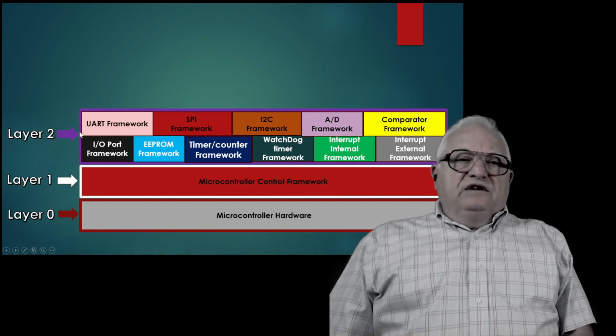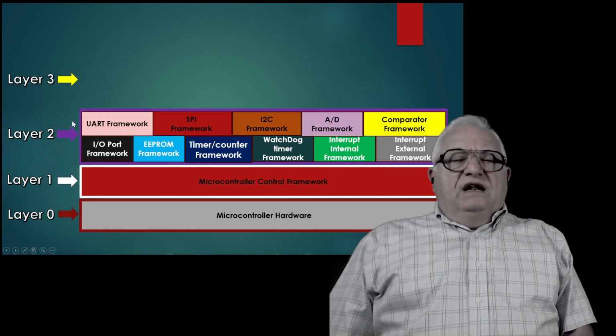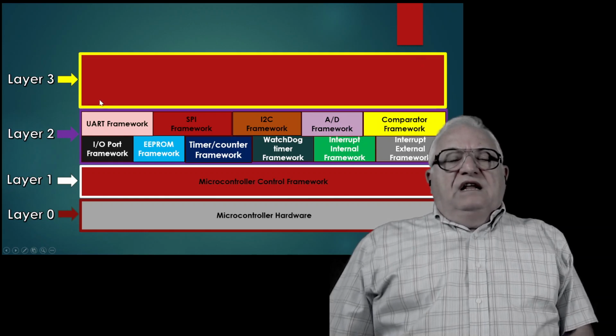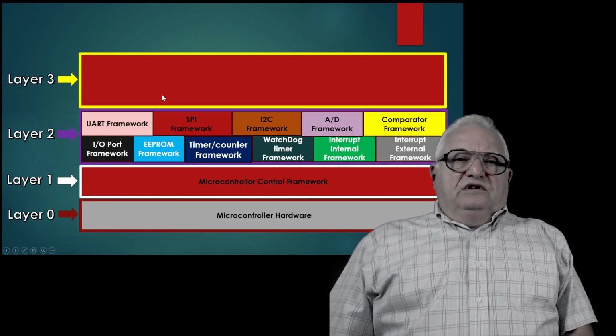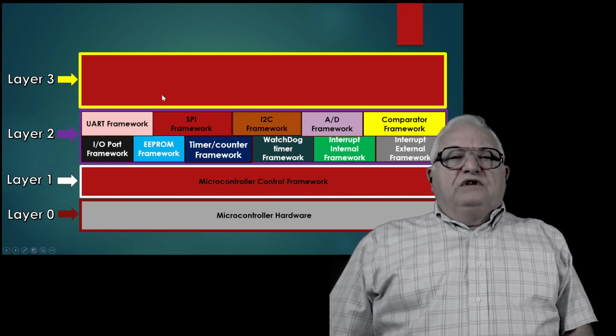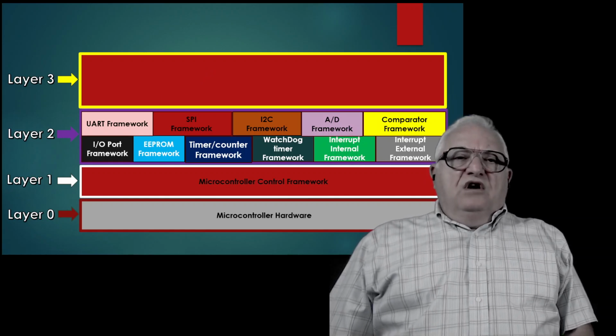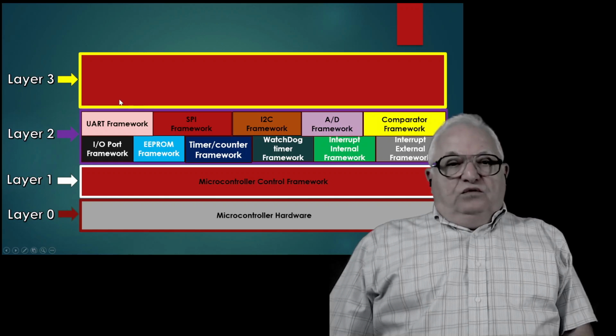On top of layer 2, we'll have a layer 3. The layer 3 will contain a number of sensors that is going to ensure that we get to exercise all the functionality defined in layer 2.